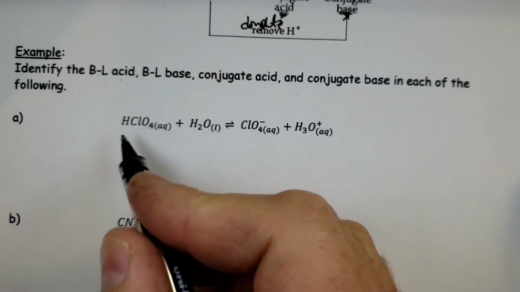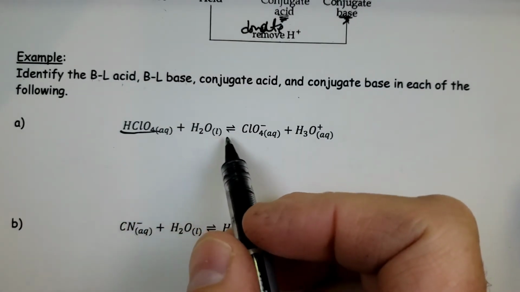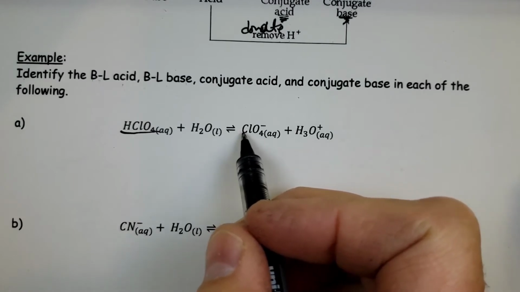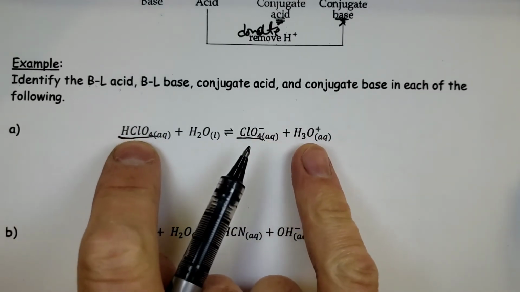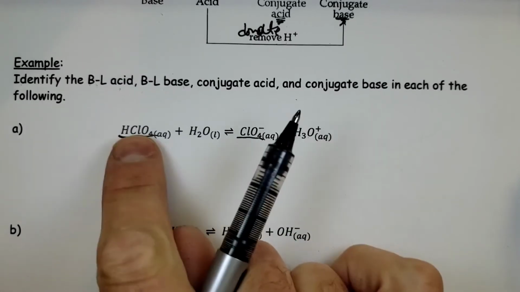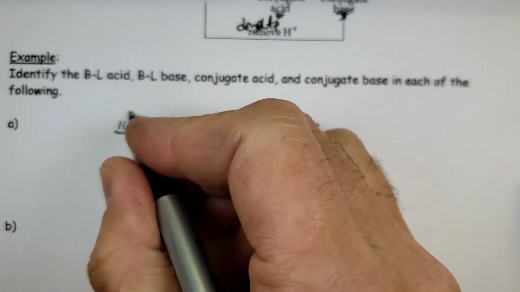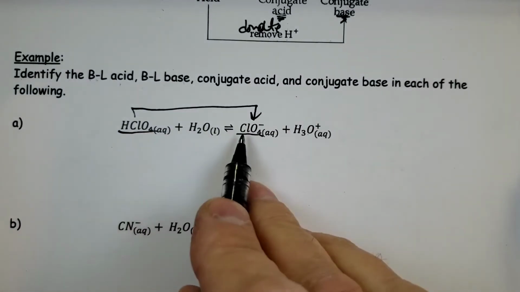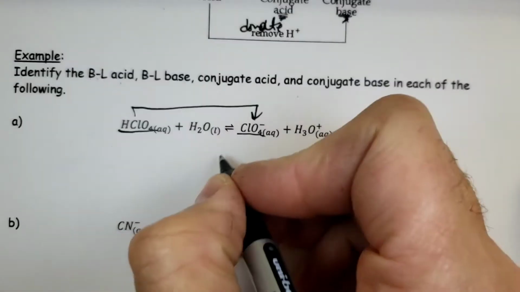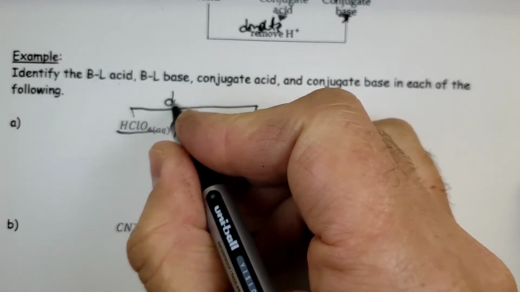So HClO4, you can see is related to ClO4 negative. It doesn't make sense to pair these. They differ by more than a single H. These differ by an H. So if we go from here to here, HClO4 to become ClO4 negative, you can see that we lost an H when going from left to right.